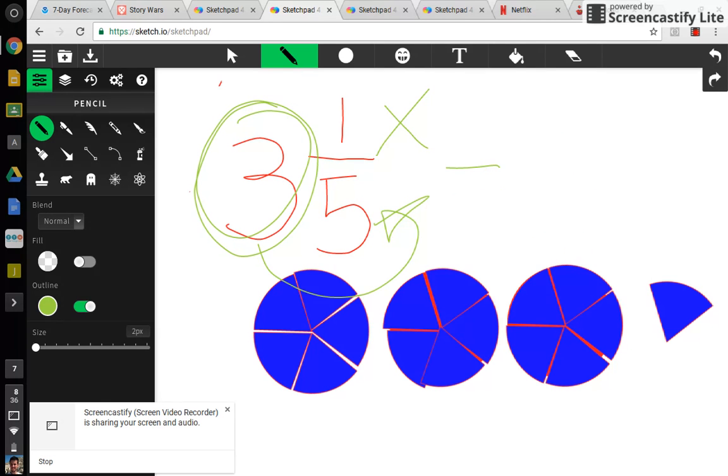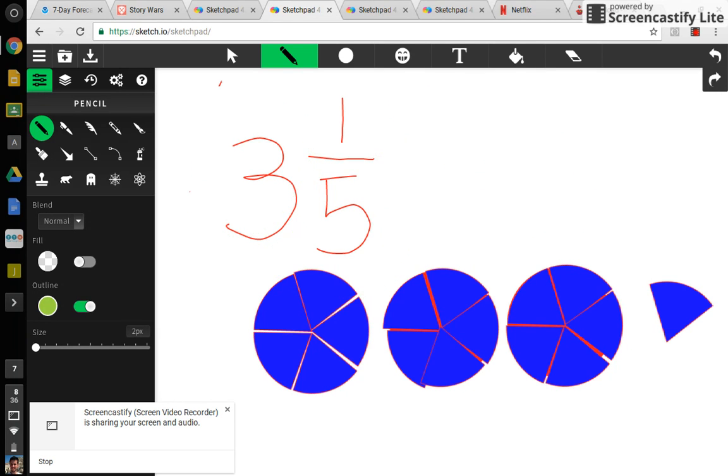What a lot of kids do when they do this type of problem is they just imagine 5 times 3, and then they add it together with the fifth that they already had. That's this guy right here. We forgot to add him to our 15 fifths. So again, you would just do 3 times 5 plus what we had left over here. So 3 times 5 plus 1 is equal to 16, and the size of our pieces is fifths. So that's a quick and easy way to turn a mixed number into an improper fraction.